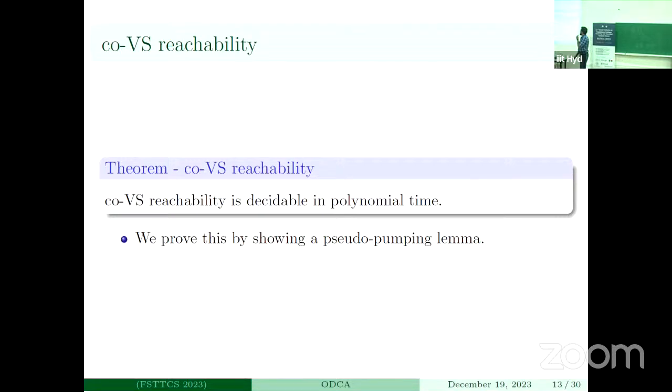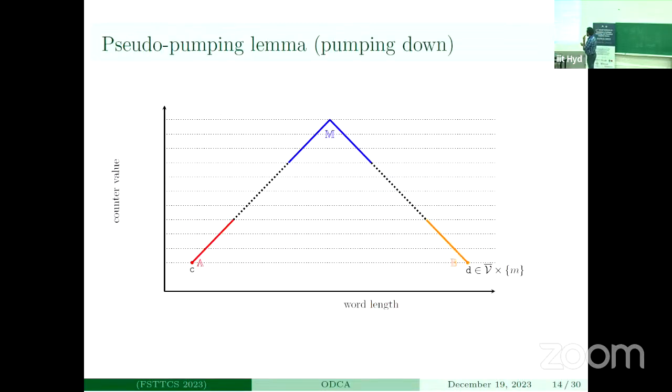We were able to prove that this reachability is decidable in polynomial time. How is it solved? It is solved by proving a pseudo pumping lemma. So what is this pseudo pumping lemma?